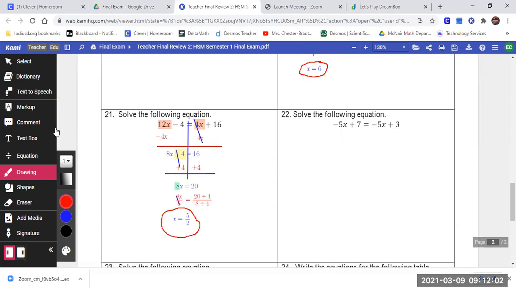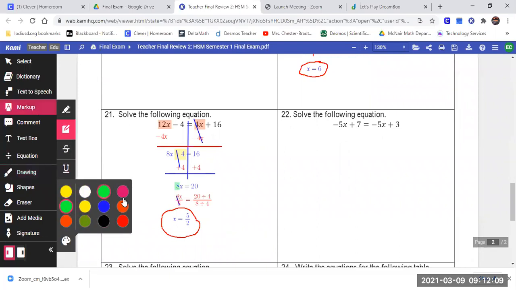Big zeros. When we do our big zeros, what big zero are we going to do first? Letters or numbers? Letters. Okay, so let's go do the letter marks.